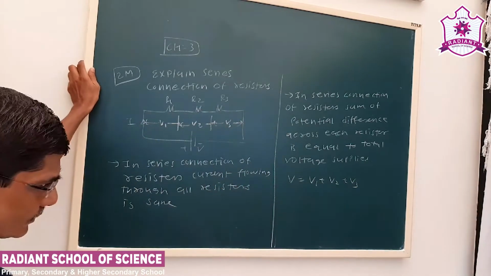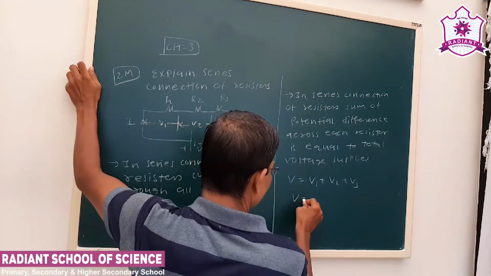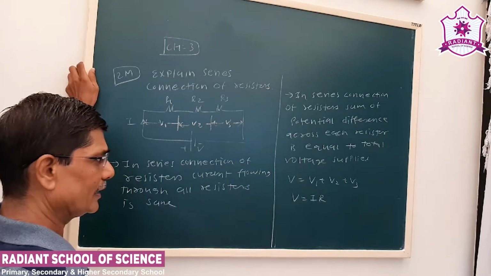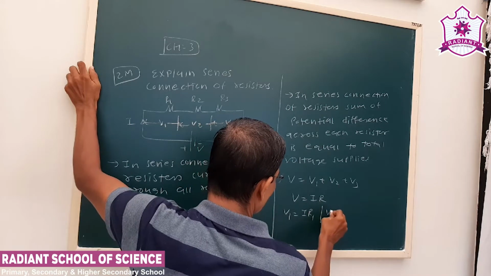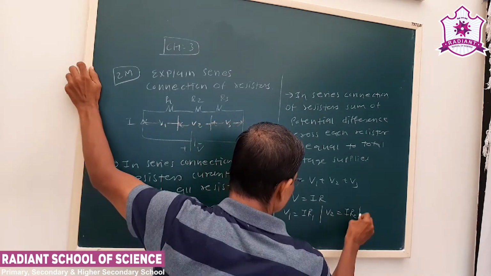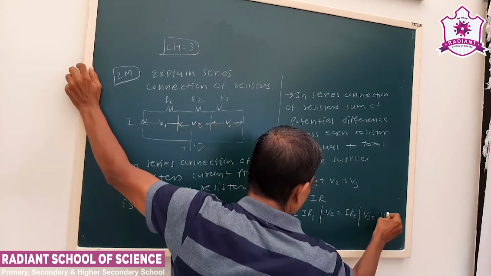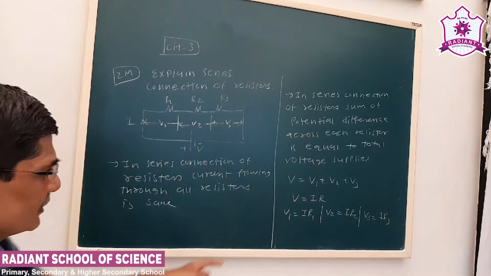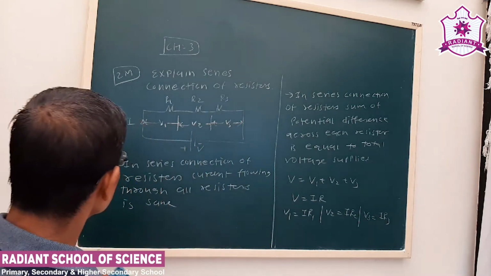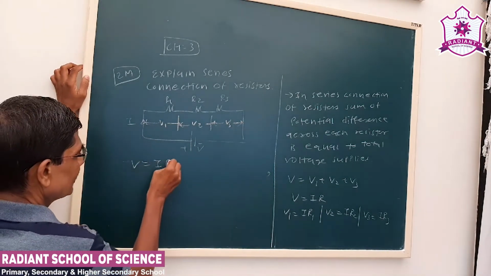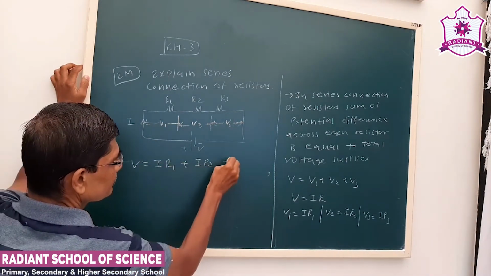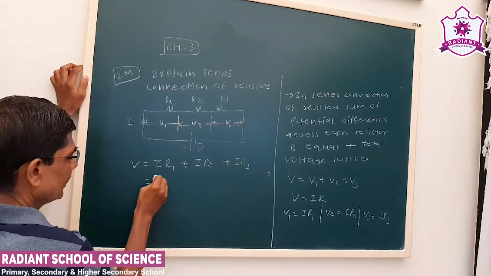Now we know the relation V is equal to IR. Current is the same, so V1 will be IR1, V2 will be IR2, V3 will be IR3. Now this we can substitute here: V is equal to IR1 plus IR2 plus IR3. I is common here.